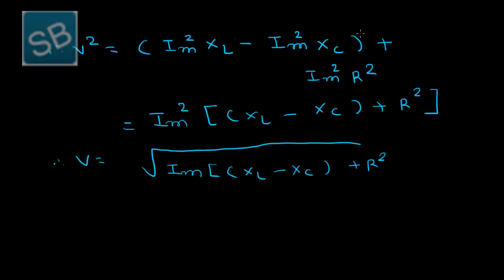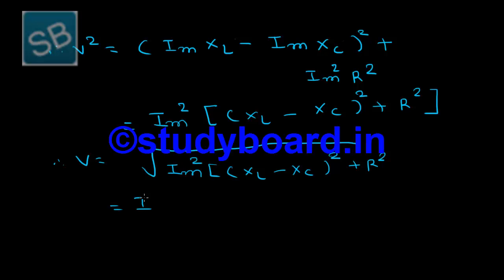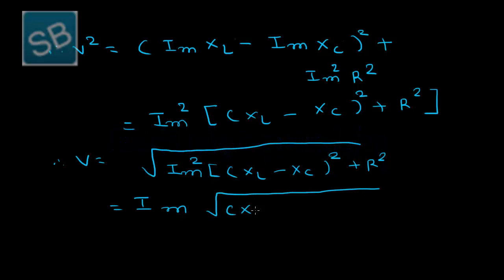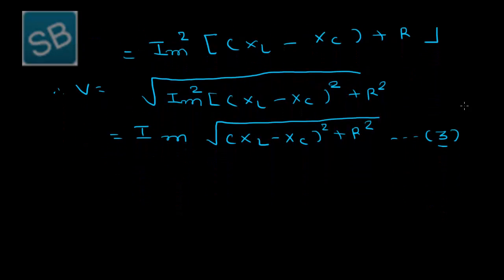So XL minus XC whole square, here also XL minus XC whole square. And so this is the equation of the applied voltage, and here under root Im square is coming. When it comes outside of the square root, it will become Im under root of XL minus XC whole square plus R square. So this is the third equation for applied voltage.